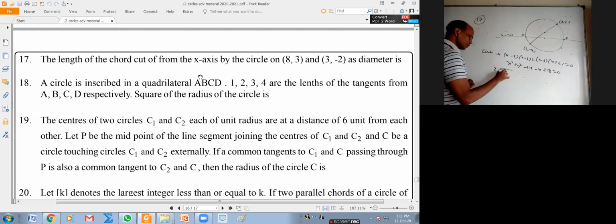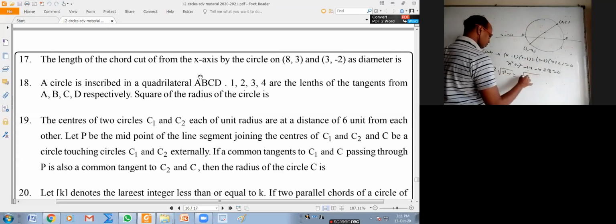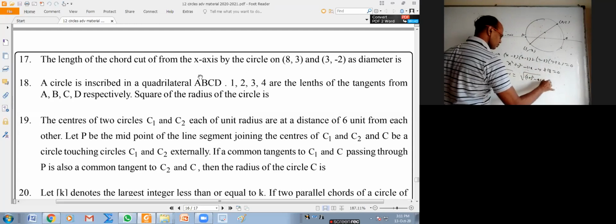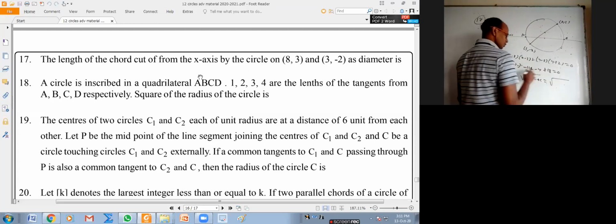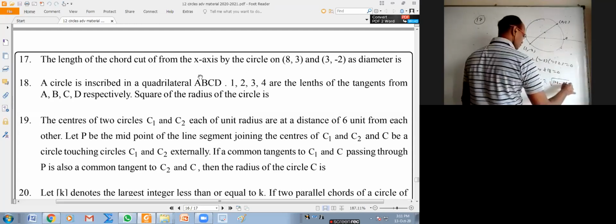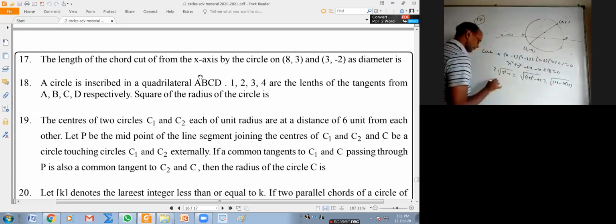2 root g square minus c, with root over 2g whole square minus 4. 2g whole square is 11 whole square, 121, minus 4 into 18. Whatever it is, 72 if I remove, 49.